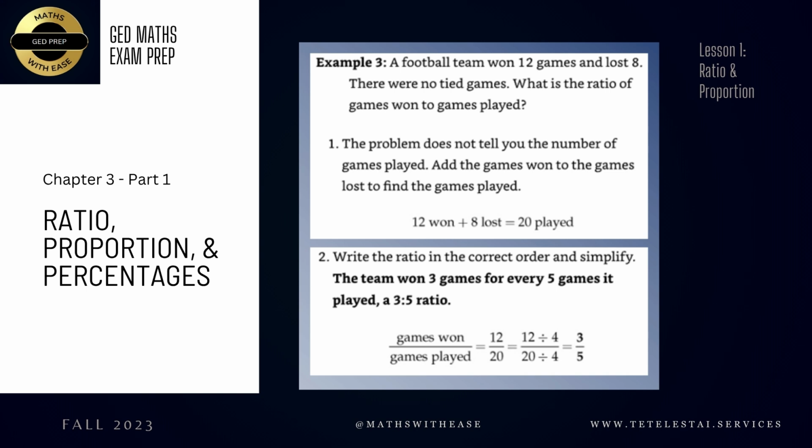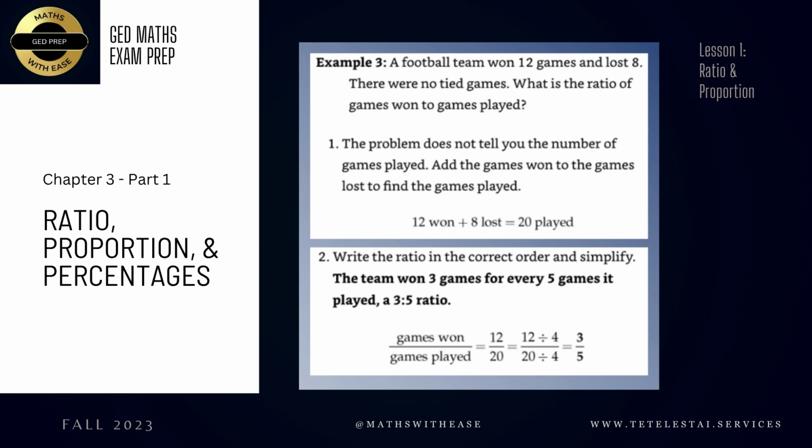So the first step with this question is adding 12 plus 8 to give us 20. Then you want to write the ratio in the correct order and simplify. The question is asking, what is the ratio of games won? We know that's 12, to games played, which we know is 20, right?